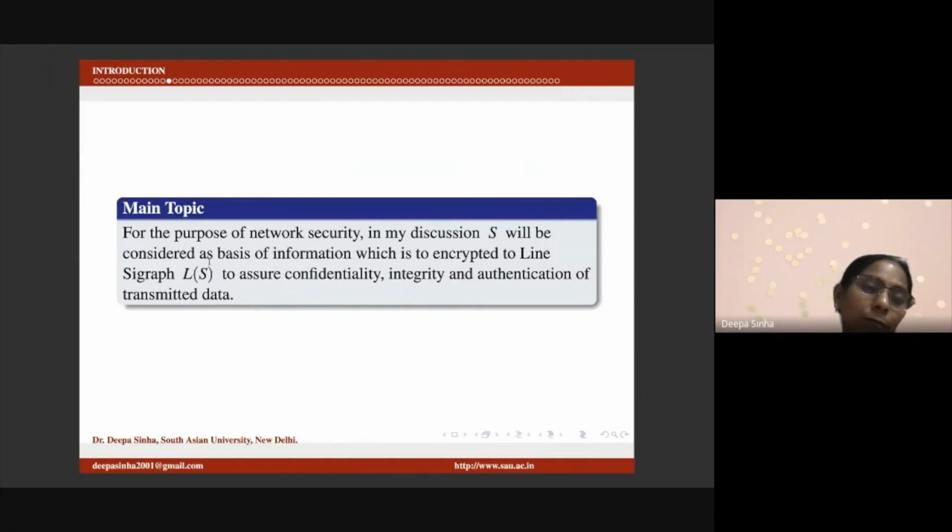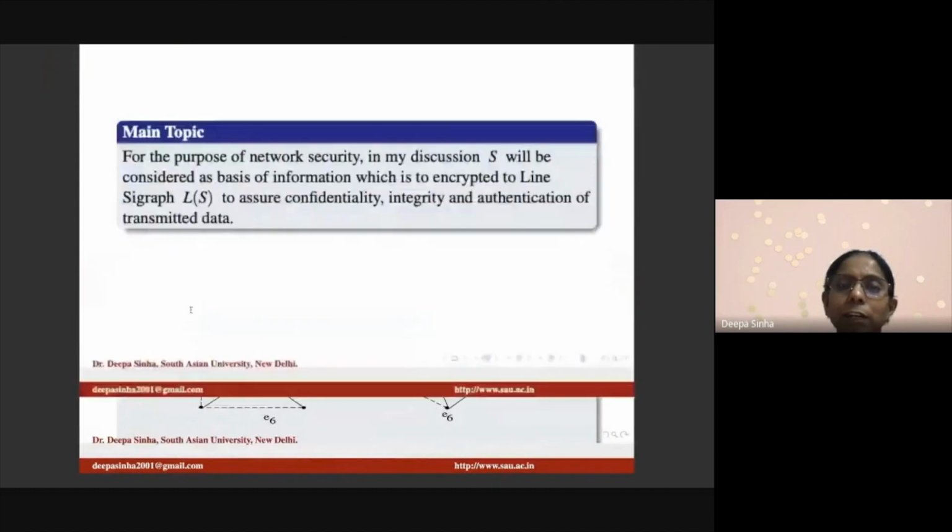So now I am going to transfer the data in the transformed network, and the transformation must be known to myself and the recipient, and nobody else in between. I have taken L(S) here just to make the topic easy to understand for beginners. Otherwise it could have been a tedious network where it would be really difficult to crack.